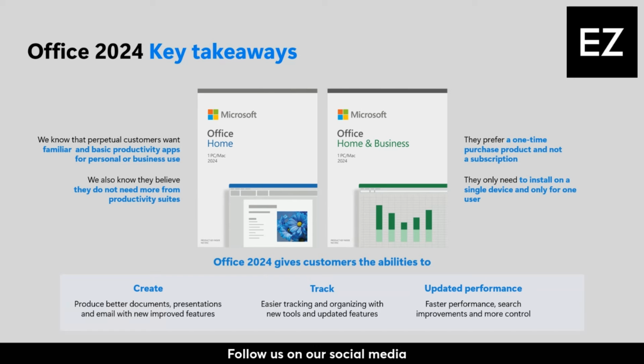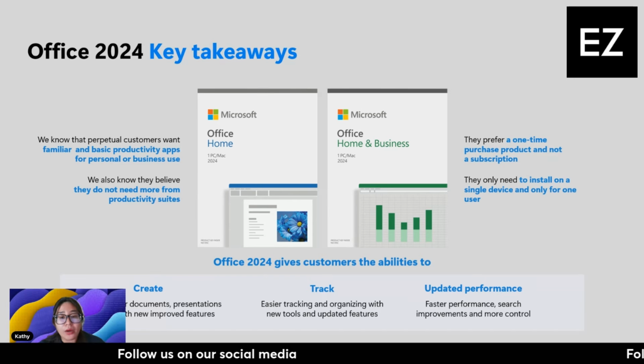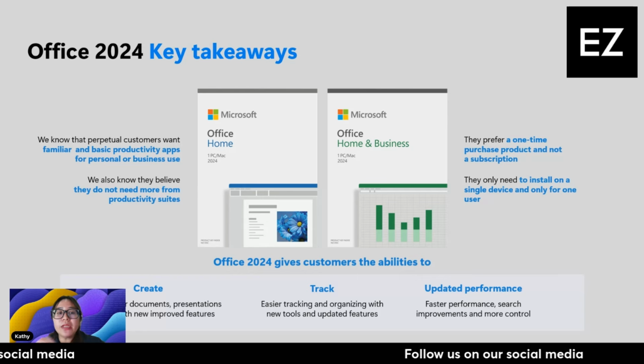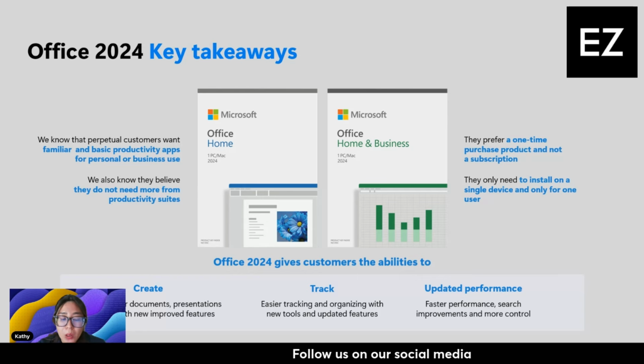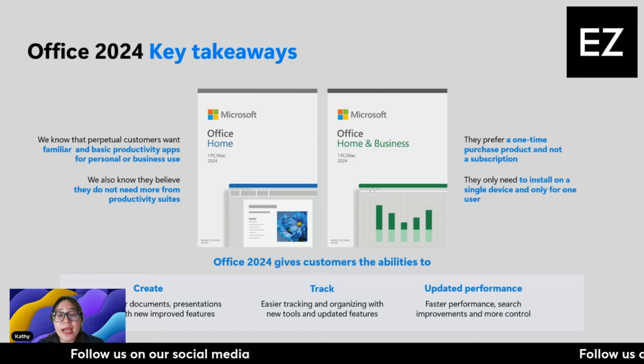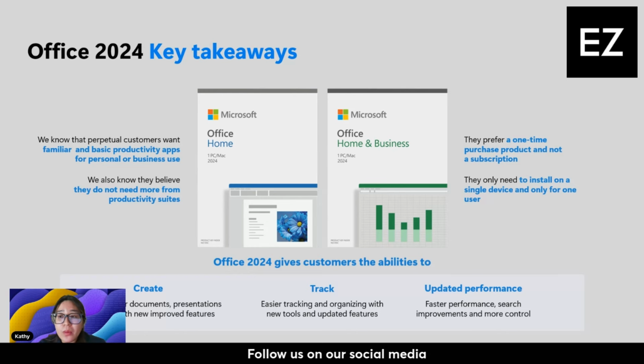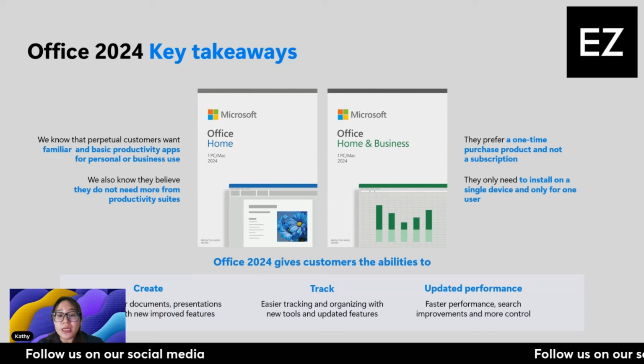Okay, so basically, if you haven't yet purchased your Office Home and you're considering it, now's the time to get the 2024 version. If you have the 2021 and you feel it's already sufficient, by all means stay with it.